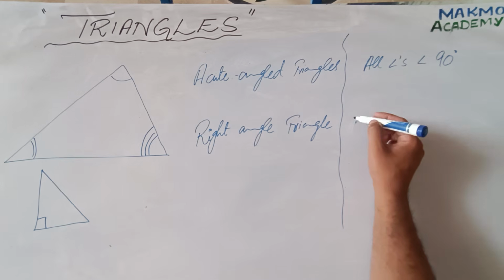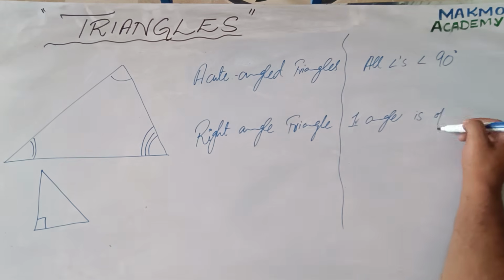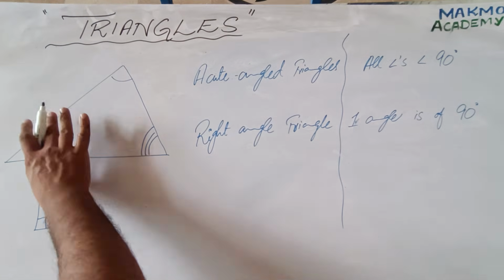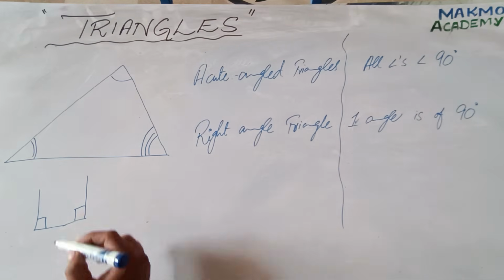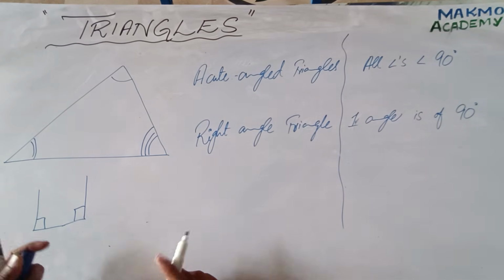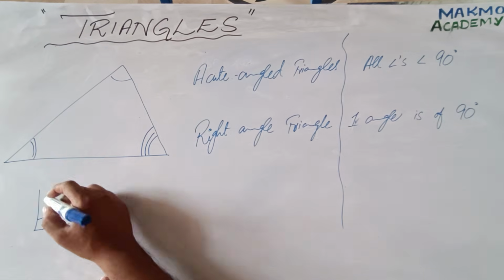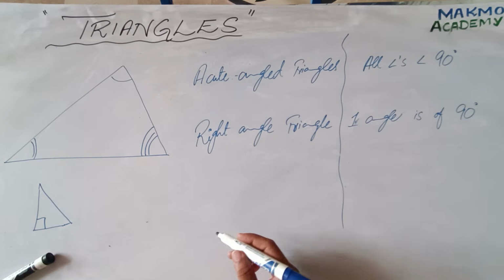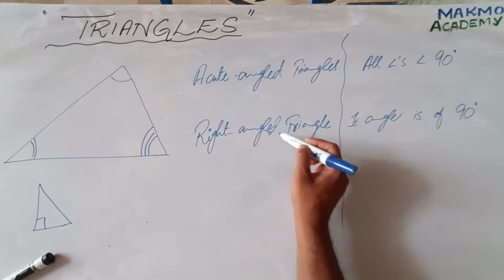Keep this in mind, don't get confused: it is not possible in a triangle that two angles would be equal to 90 degrees. In such a case, it would not form a closed figure, so it won't be called a triangle. So if one angle is 90 degrees, it is called a right angle triangle.